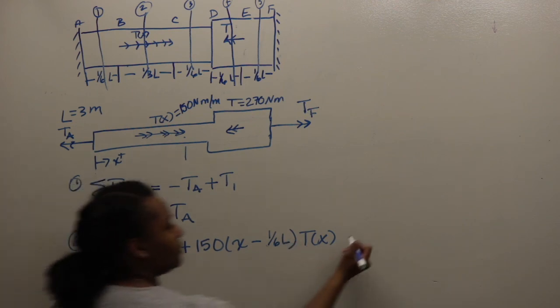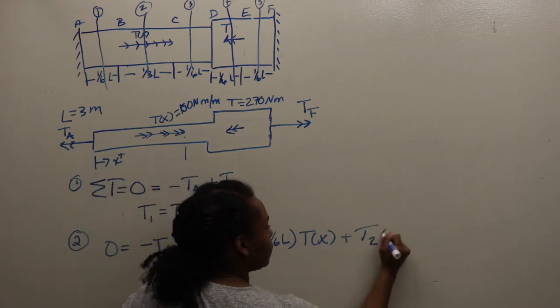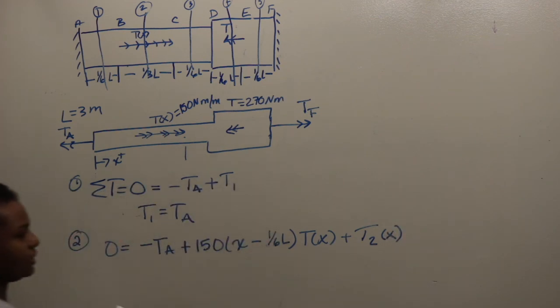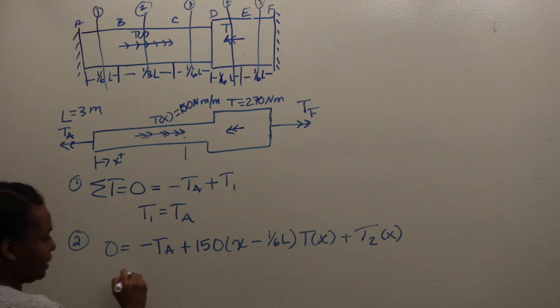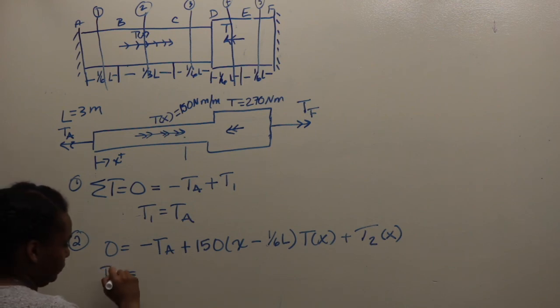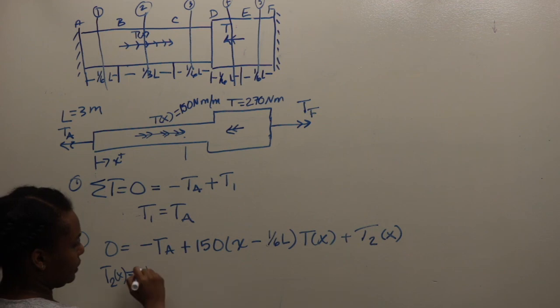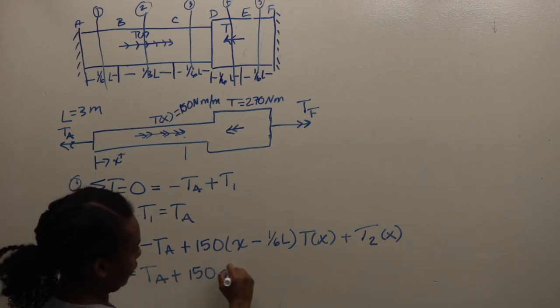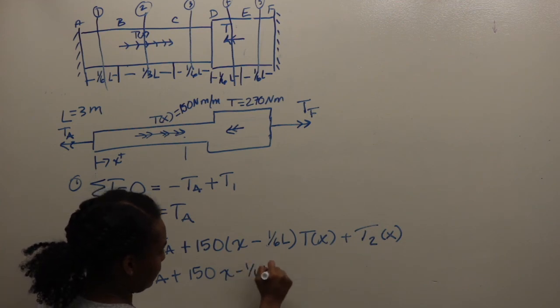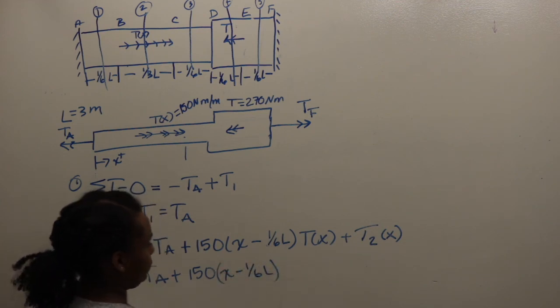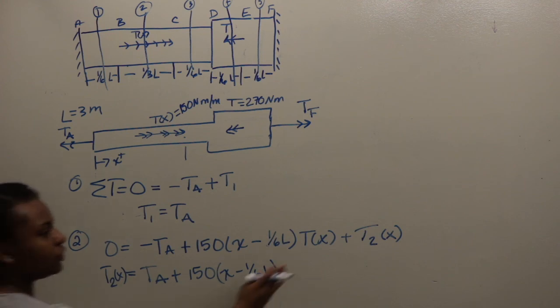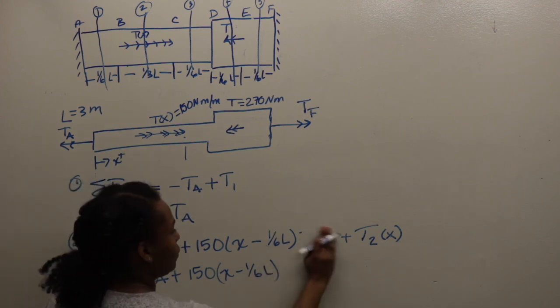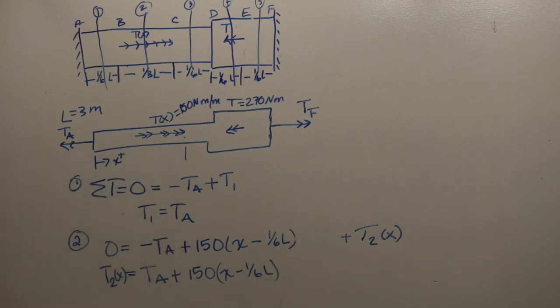And then you add the torque that is based off of x. So that is T2x. So that means that T2x will equal TA plus 150x minus 1/6L. Oh, disregard this Tx, because Tx equals 150. I apologize. So that's the equation for 2.